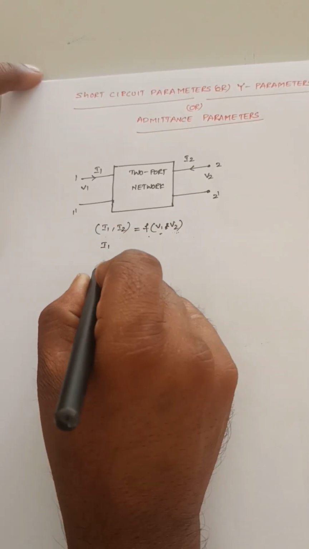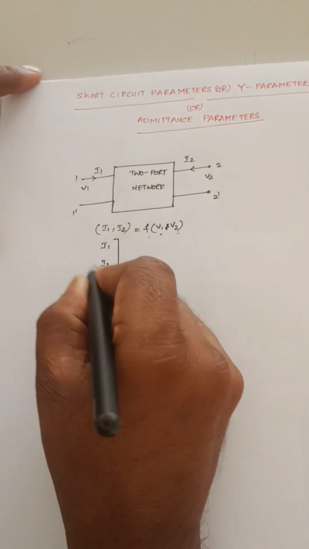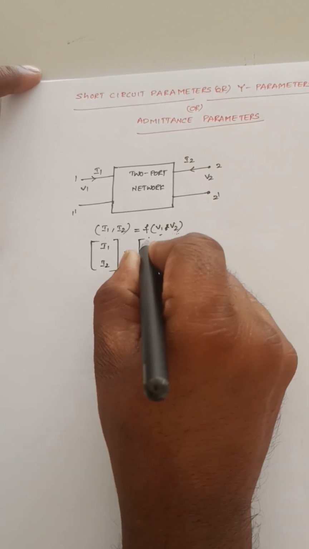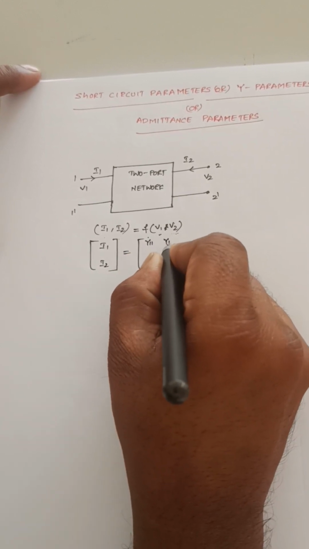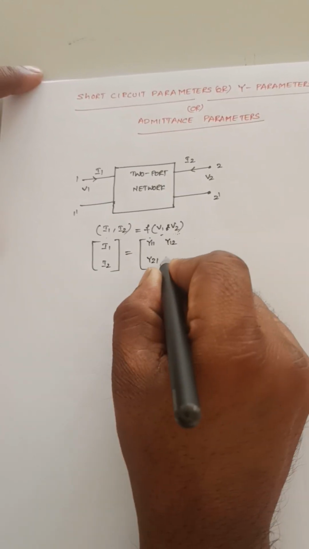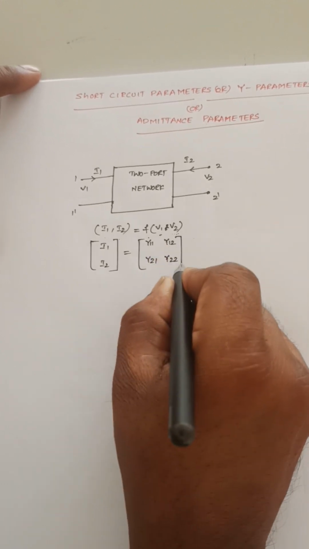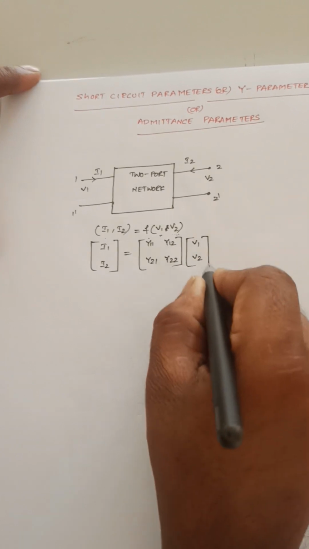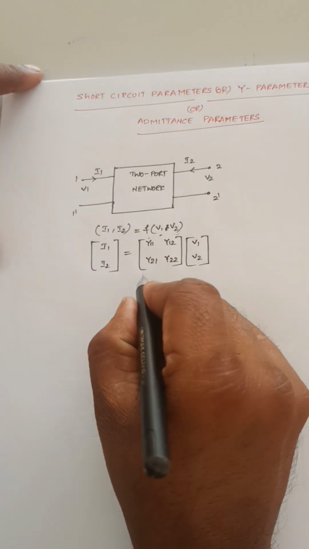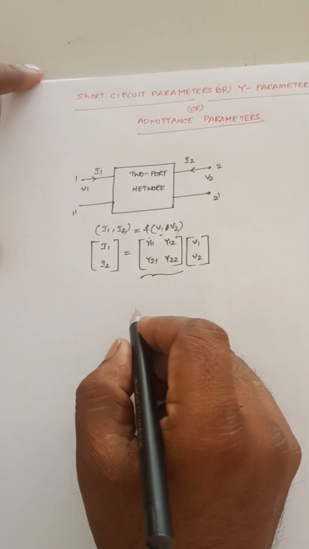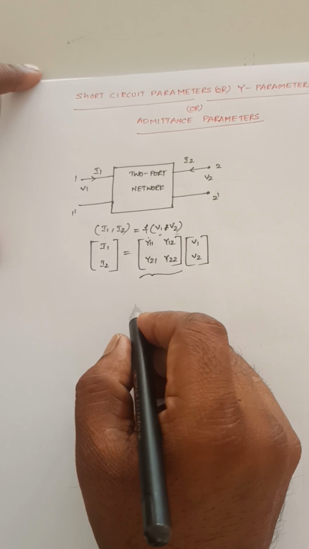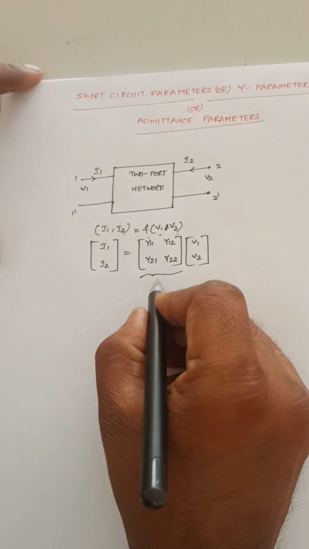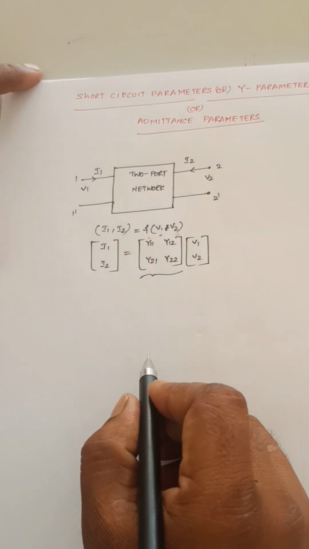So, it is I1 and I2, equal to the matrix Y11, Y12, Y21, Y22, times V1 and V2. So, this matrix represents short circuit parameters. Y11, Y12, Y21, Y22 are the short circuit parameters.